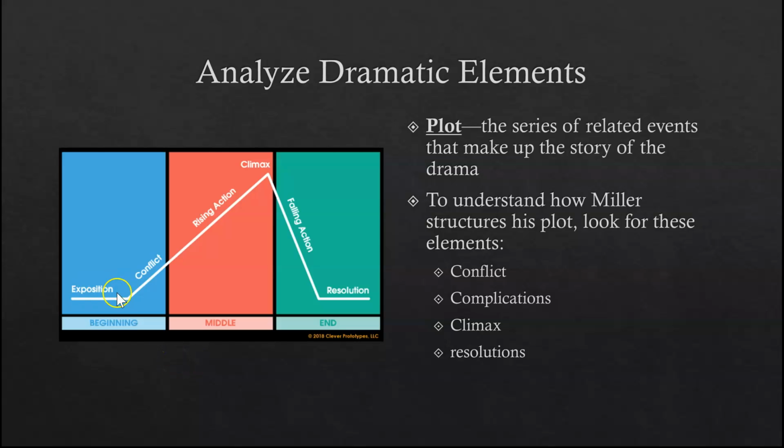You start with the exposition, you have the conflict, the rising action, the climax, the falling action, and the resolution. And we have the beginning, middle, and end. But in reality, not all texts have this format. You can have more peaks and lows than what is depicted here, but this is generally what we indicate as the highs and lows.